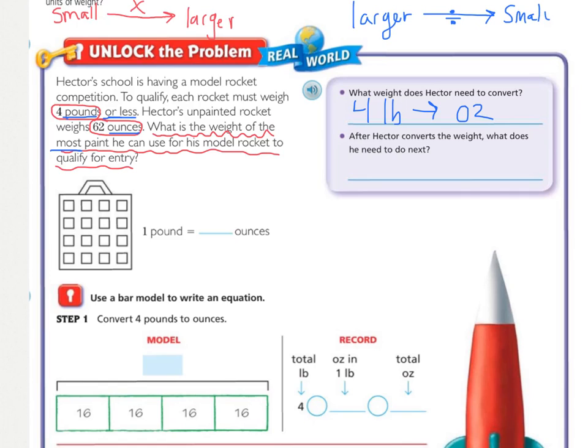Well, or less, okay? What's the next operation? The next operation is subtracting. So, got to clue this up in our mind. 1 pound equals how many ounces? Well, LB looks like 16, so it's 16 ounces.